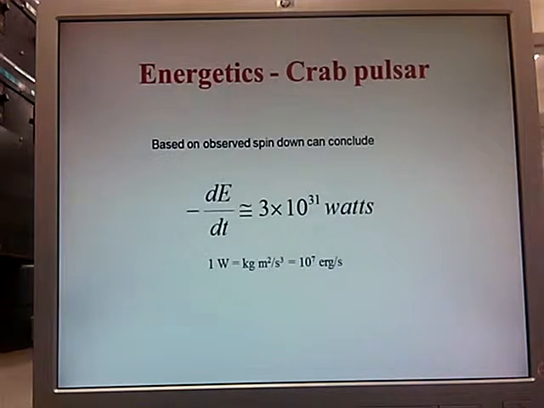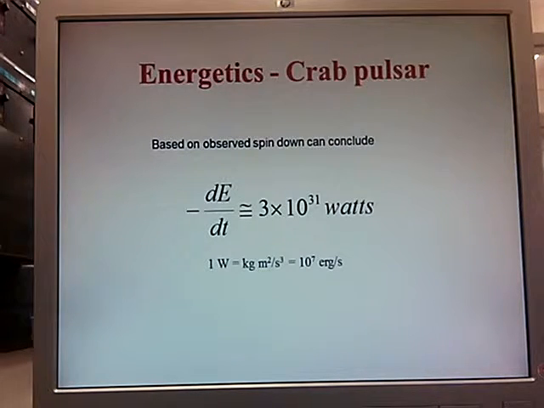Well, let's first figure out what the energy is. Based on all of the observations, we know that the loss of rotational energy for this Crab pulsar is 3 times 10 to the 31 watts. And you remember that a watt has units of kilograms meters squared per second cubed, or ergs per second, or energy per unit time. So that's a power.